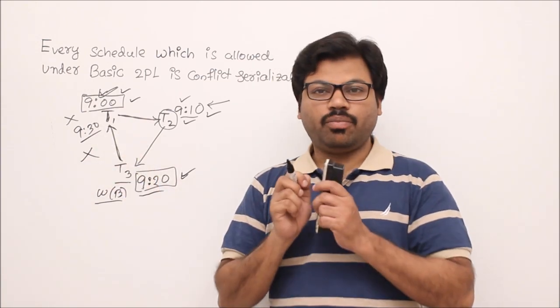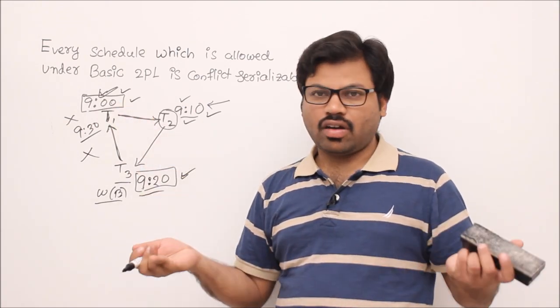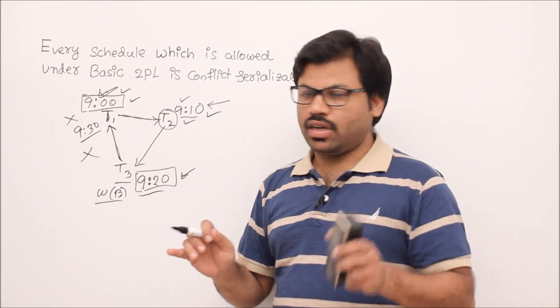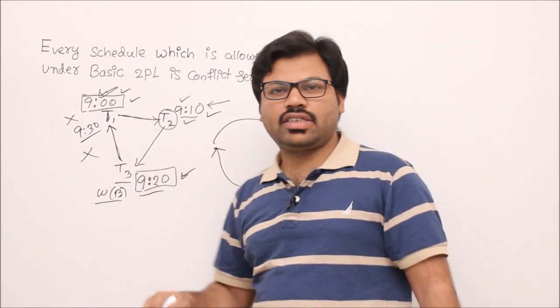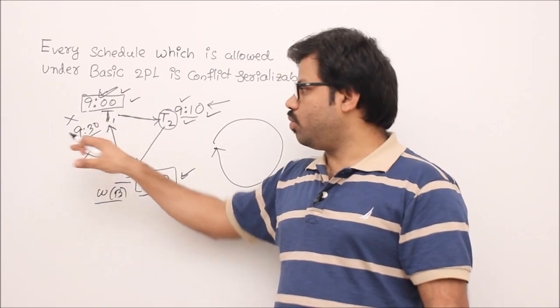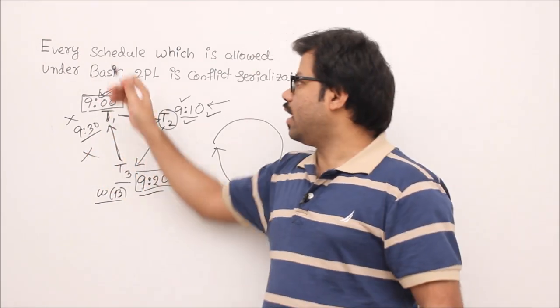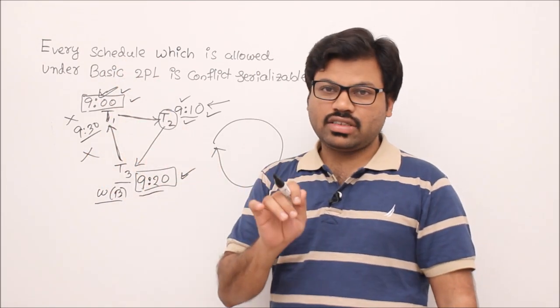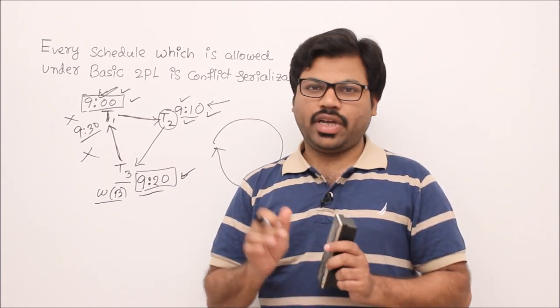By assuming that we can lock this schedule under 2PL, we get a contradiction, so we cannot lock this schedule under 2PL. So unlocking and locking cannot be done using basic 2PL, because you are getting a contradiction. That's why I can say that a schedule that is not conflict serializable is definitely not allowed under basic 2PL.